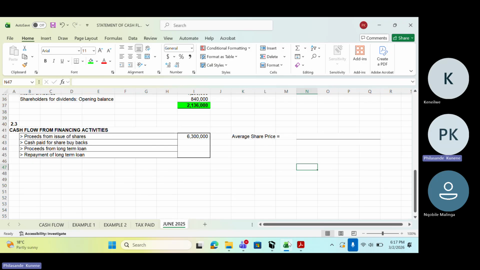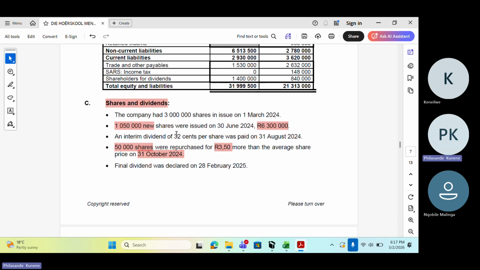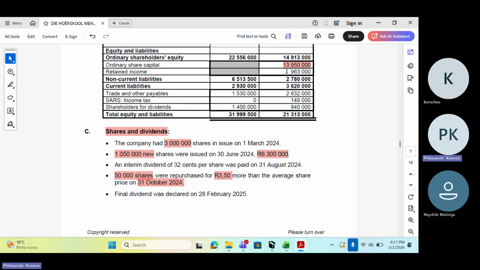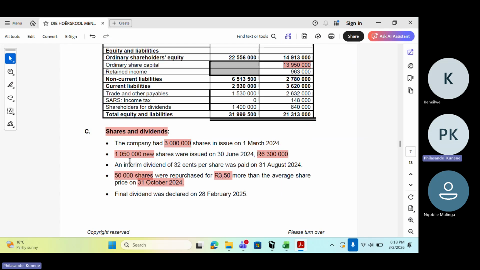Okay, let's go and check that information. At the beginning, we know very well that the company had 3 million shares in issue, but the amount for those shares was 13,950,000. So for us to calculate the average price, we're going to say 13,950,000 rands plus we need to find out how much in shares were issued during the year.